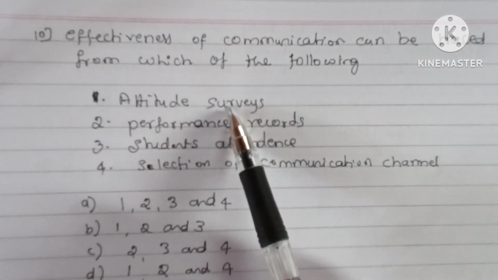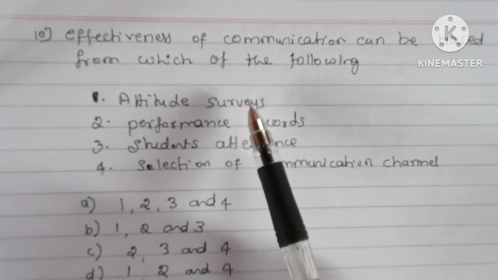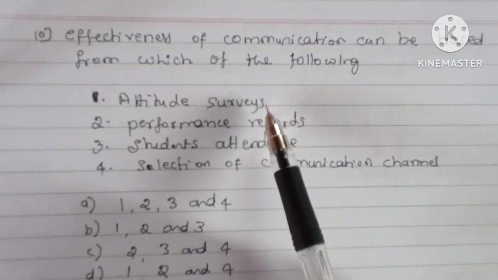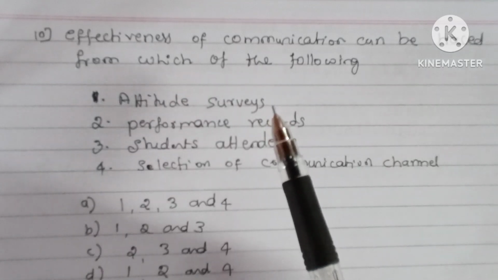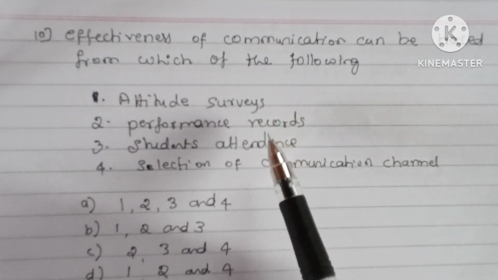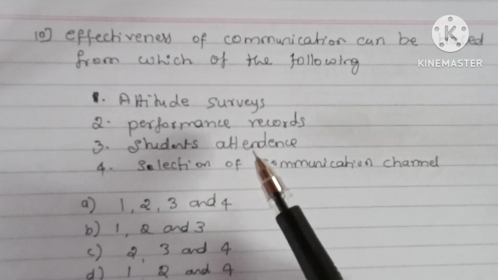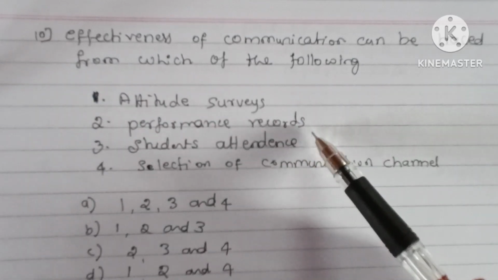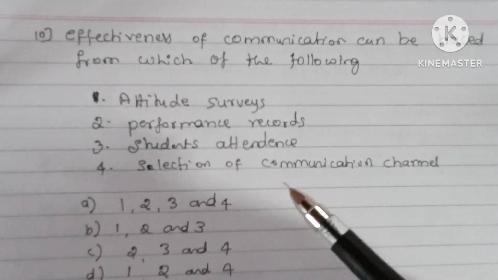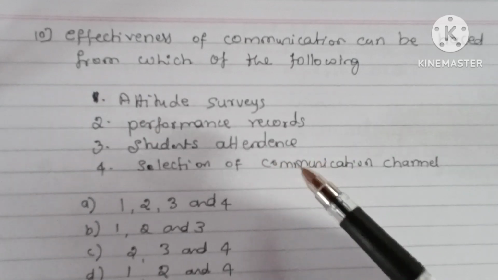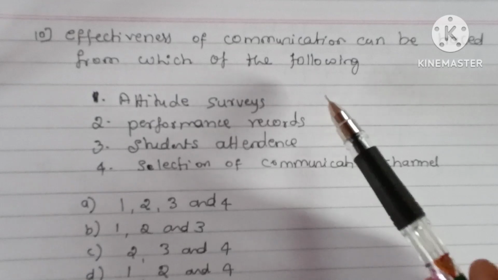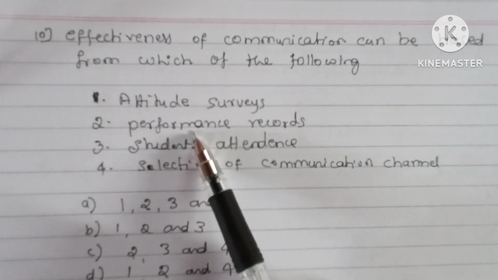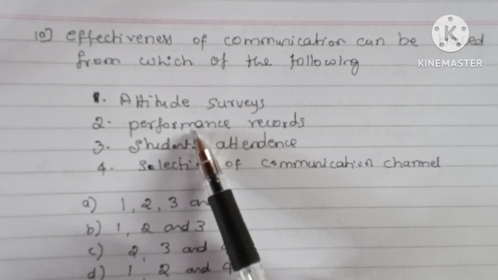Attitude surveys can be used at the beginning of a course to identify the ways students perceive they learn best or to determine their attitudes towards the course. This information can be adopted for instructional strategies. Next, performance record.